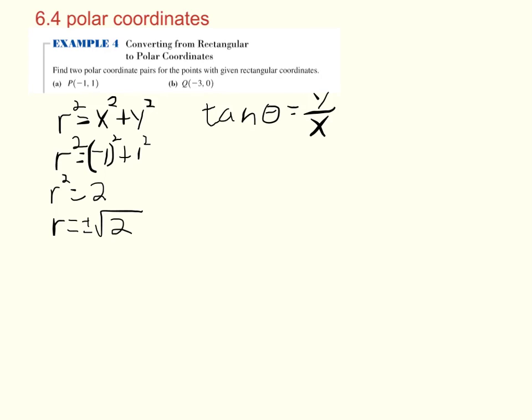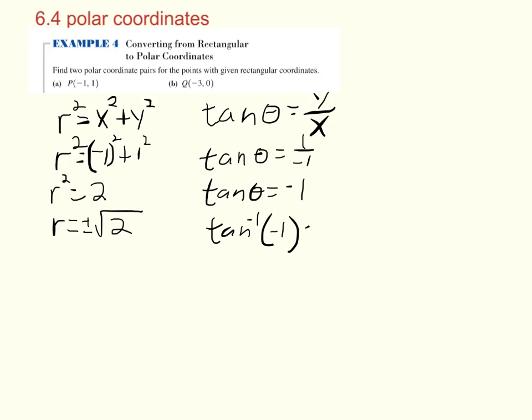We've known that for a long time. So what we'll do there is go ahead and substitute in, and we find out that tangent of theta equals 1 over negative 1, which means the tangent of theta equals negative 1, and therefore the inverse tangent of negative 1 equals theta.